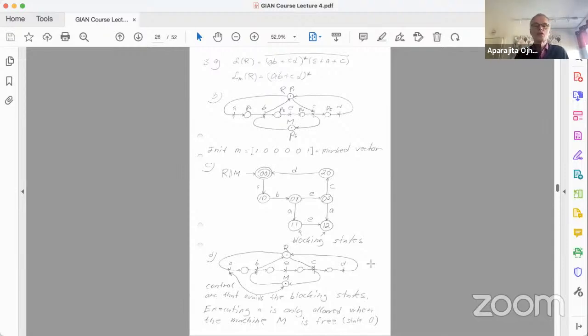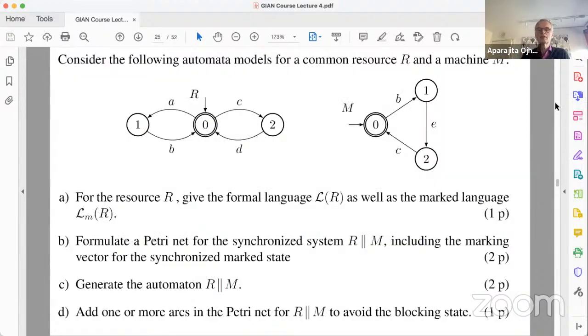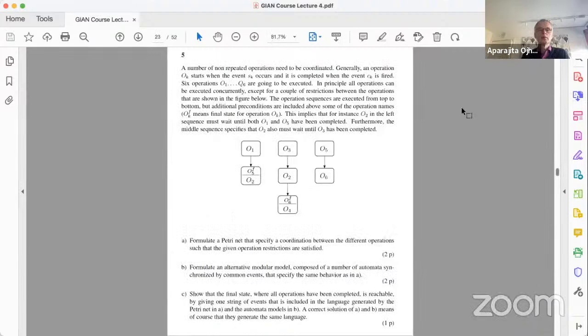Actually, I haven't seen this example in any other textbook except in a specialized book on Petri nets and manufacturing applications, written with one of my nice colleagues, Bengt. So that was one more example, and now I've shown you two examples which have some practical background.